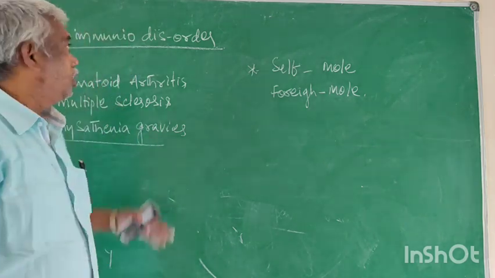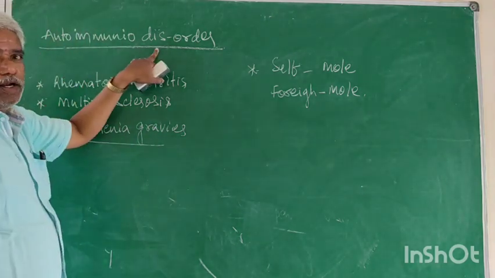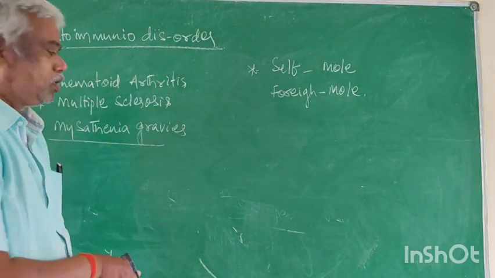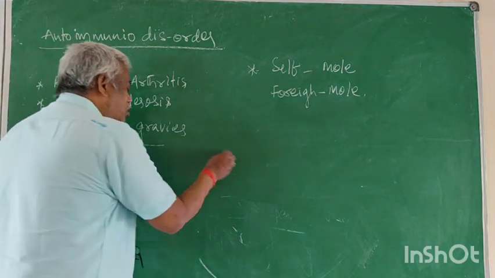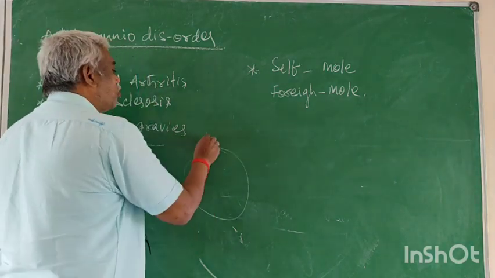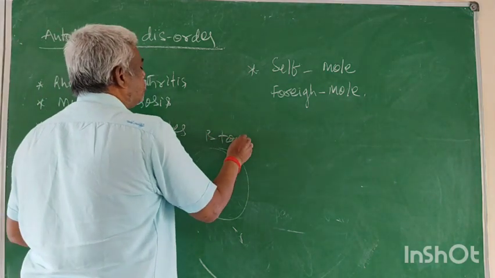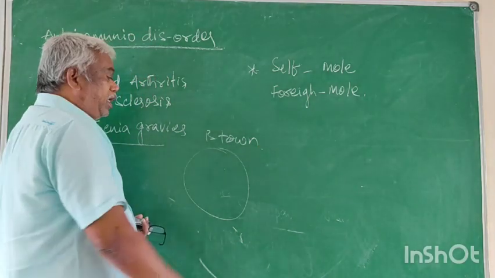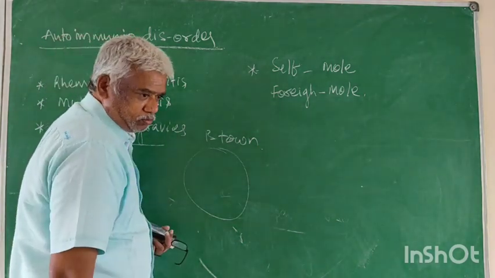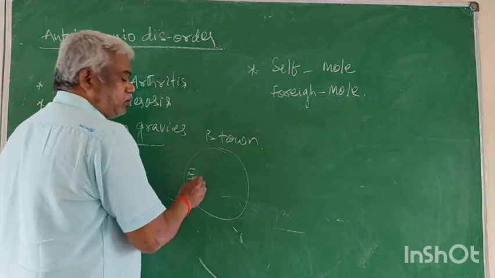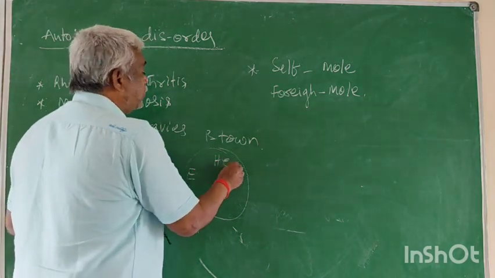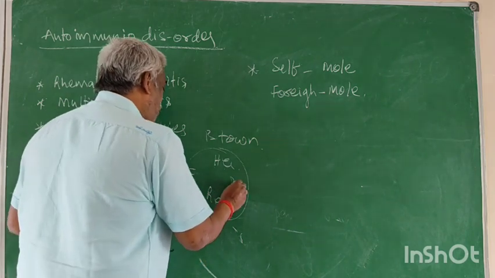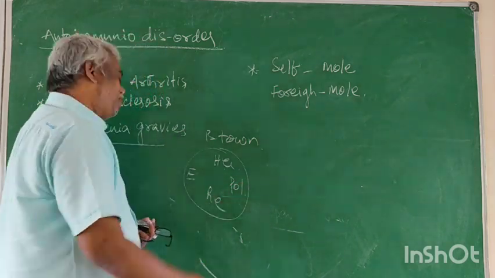See, autoimmune disorder. See, it is our body term. Many government departments are there: education department, health department, revenue department, police department, like many departments.